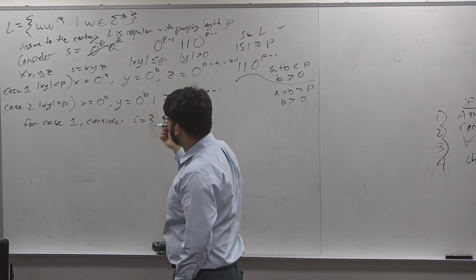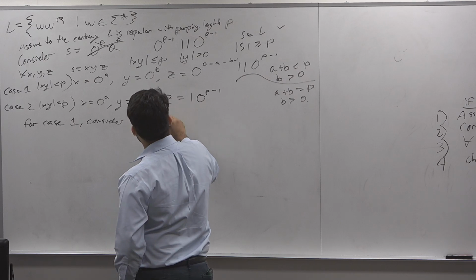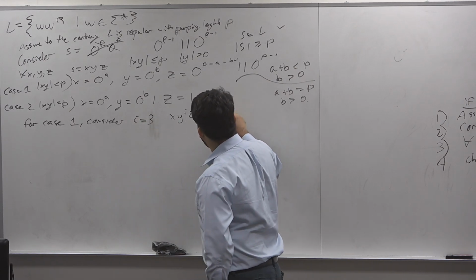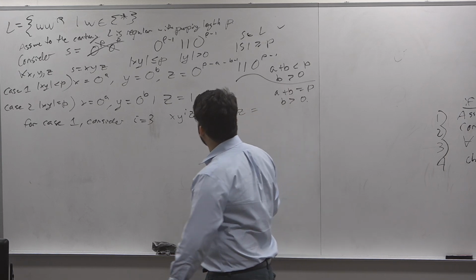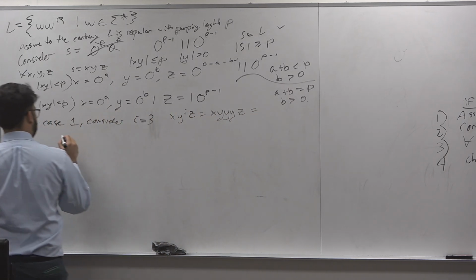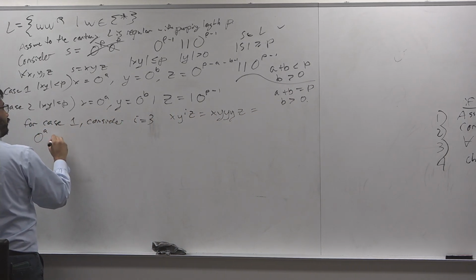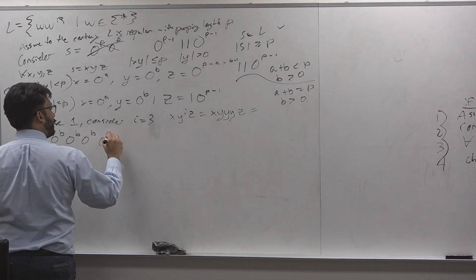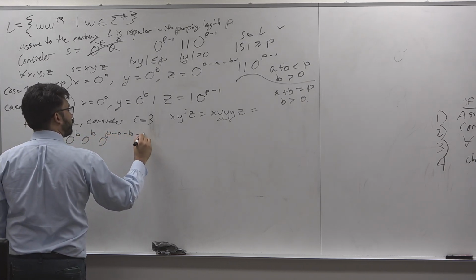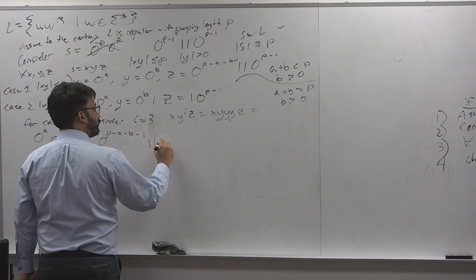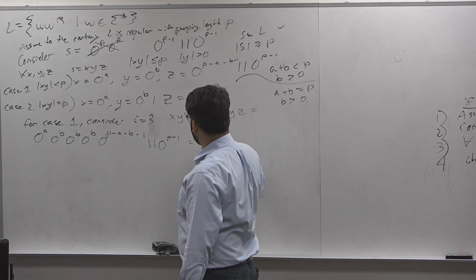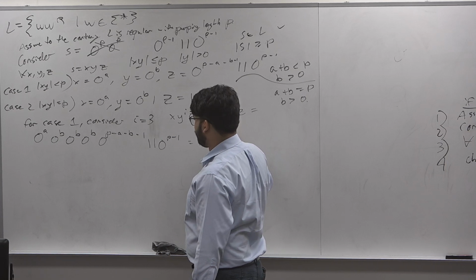But let me just show you what will happen, okay? If i equals 3, then x y to the i z will equal x y y y z, which will be 0 to the A, 0 to the B, 0 to the B, 0 to the B, 0 to the P minus A minus B minus 1, 1, 1, 0 to the P minus 1, which is going to be 0 to the, what is that?